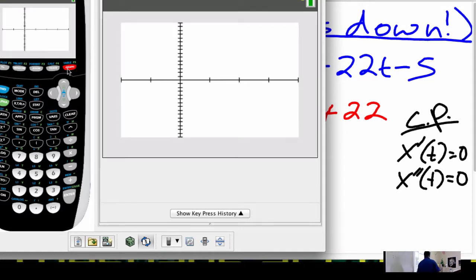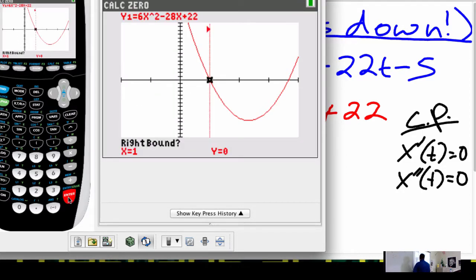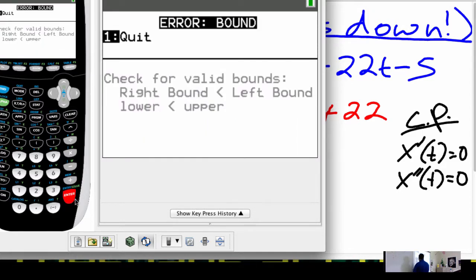All right, so now, if I graph x prime, I just need to find where... so that's x prime, right? Yeah. 6x squared, it's a parabola. I just need the zeros, right, which are the x-intercepts. So if I hit second trace, and I choose option number 2, and I do the right bound, oh, dang it.